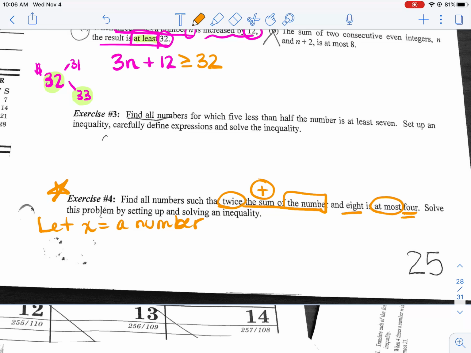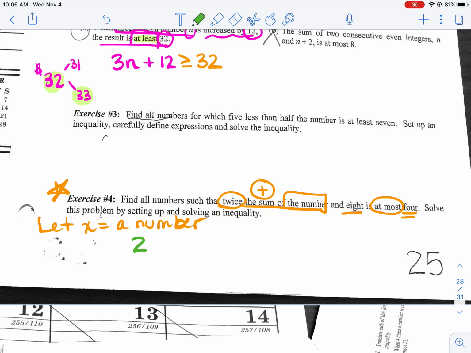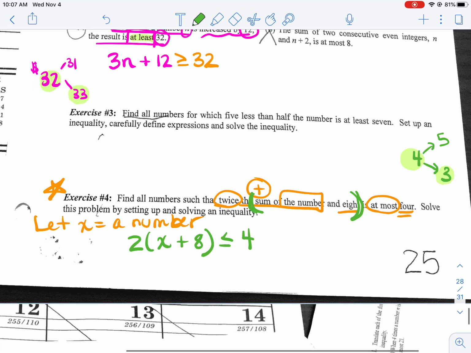You could use any letter you want. So we have twice the sum of a number and 8. There's almost like magical parentheses here. Is at most 4. If I have at most 4, it means I've got 4 or less. So less than or equal to 4.